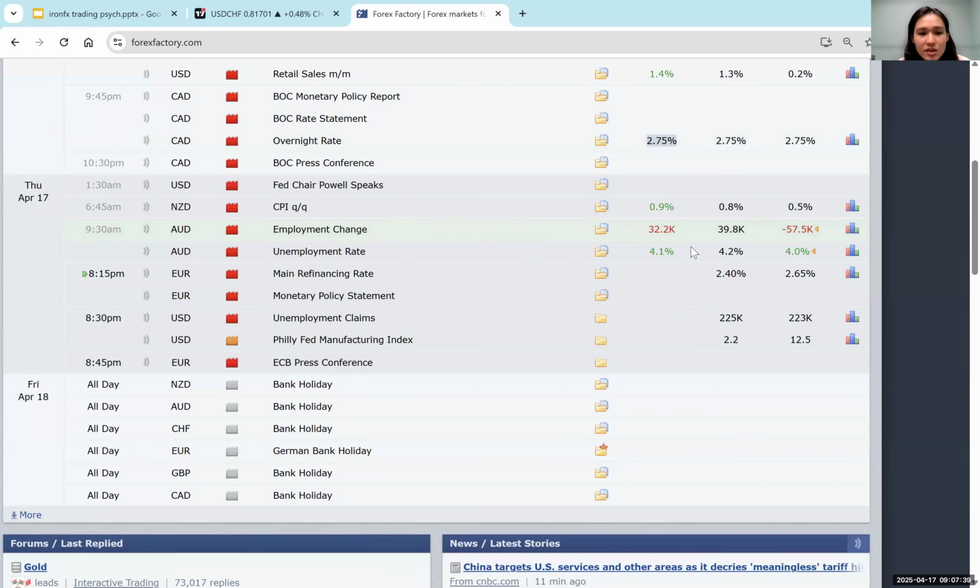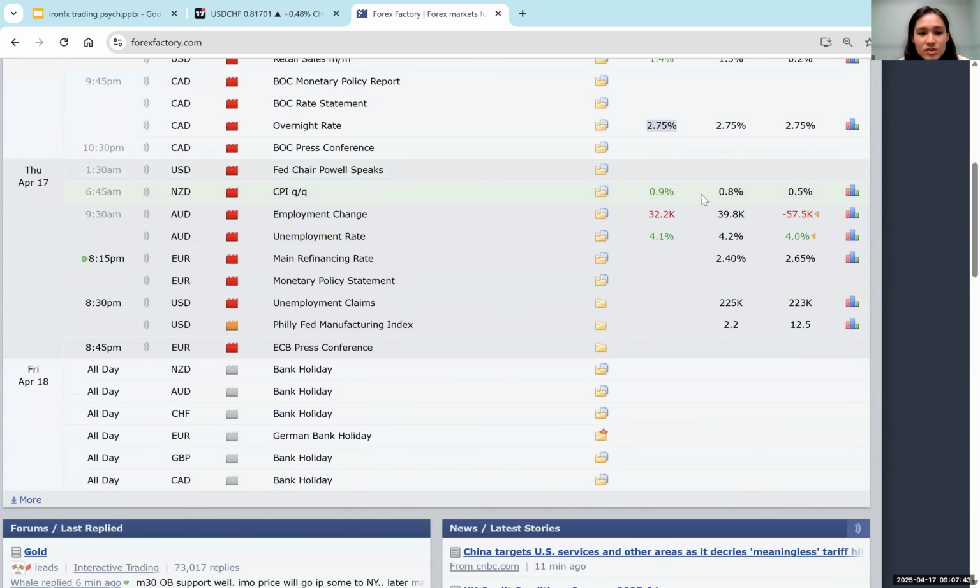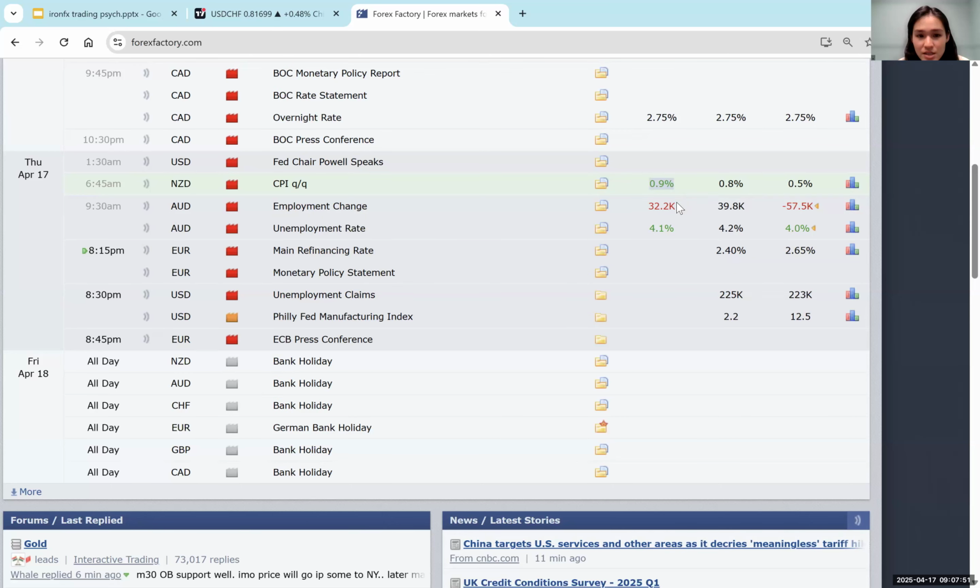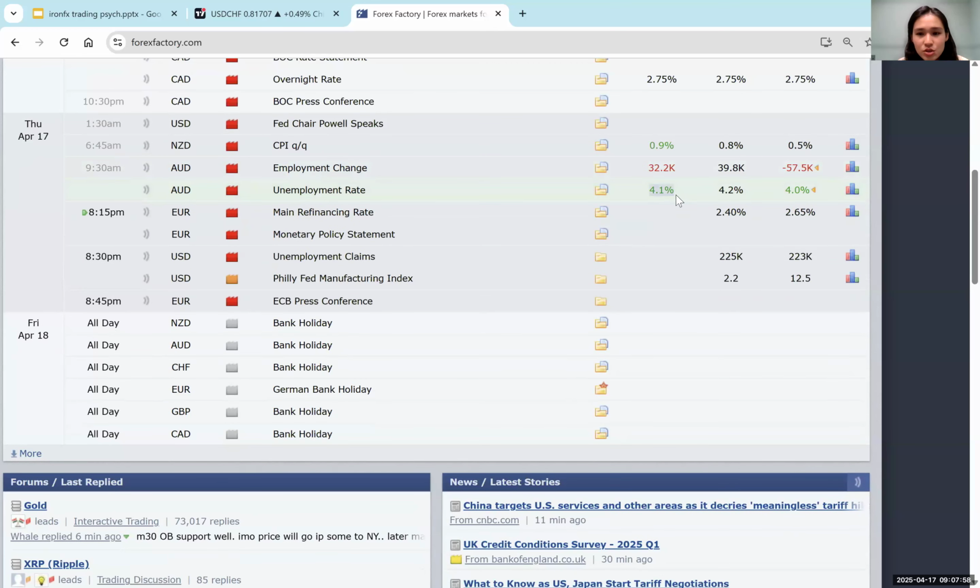On Thursday, Fed Chair Powell spoke again, and New Zealand's CPI data was released, slightly higher than forecasted at 0.9%. Australia's employment data was released as well, employment change and unemployment rate, which dropped slightly to 4.1%.